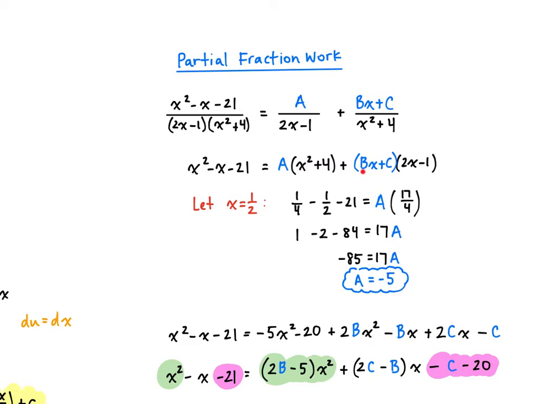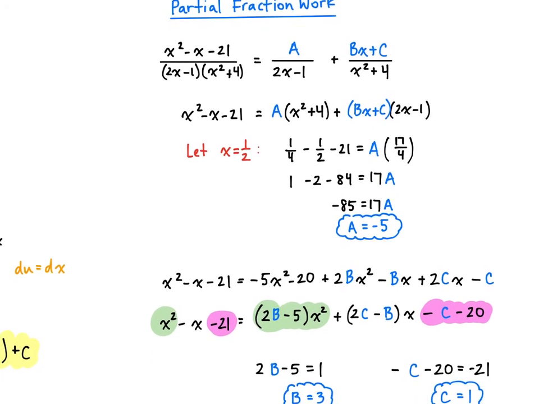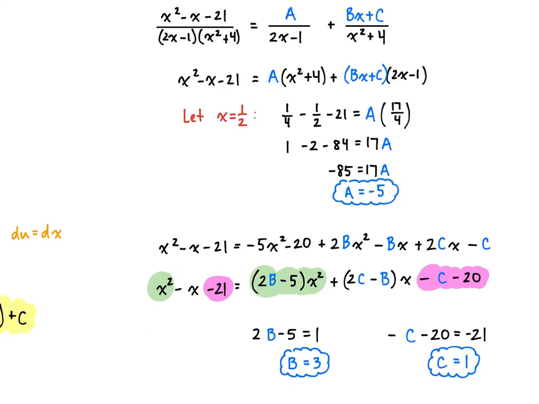But now we need to solve for B and for C. So I'm going to plug in my A equals -5 here, and distribute that. That's where we got -5x squared minus 20. Foiling these two, we get 2Bx squared minus Bx plus 2Cx minus C. Now I'm just going to organize things.